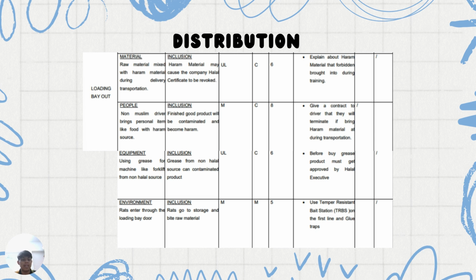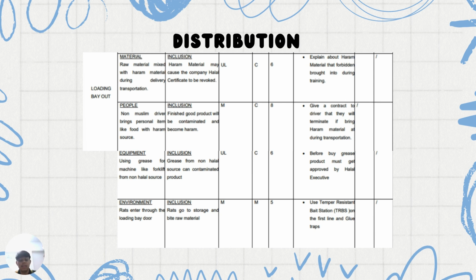Now we move to our last one. Environment. Rats enter through the loading bay door. Inclusion: rats go to storage and bite raw material. Yes, this is one of the sad things to happen in industry. Now the likelihood is moderate, the severity is moderate too, and the risk ranking is 5.